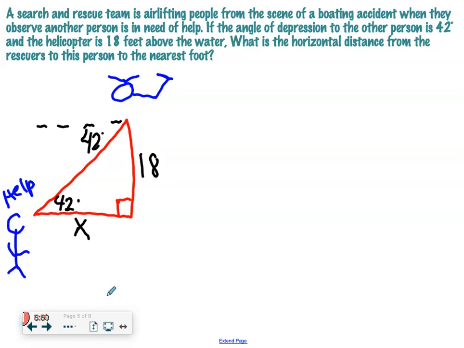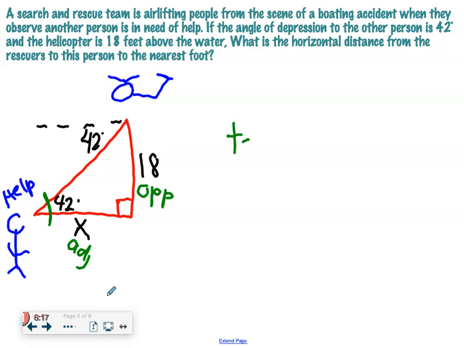And now we have a problem that we were solving last week. So step 1 is mark our angle. What is 18 with respect to 42? Opposite. And what's x? Adjacent. Now we're thinking SOHCAHTOA. What uses opposite adjacent? Tangent.